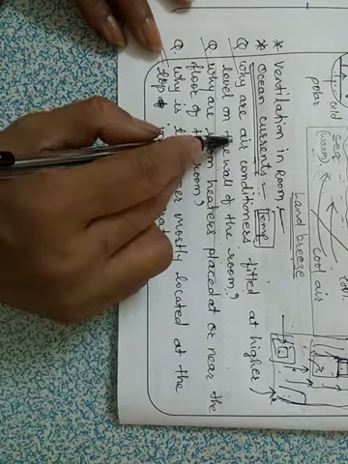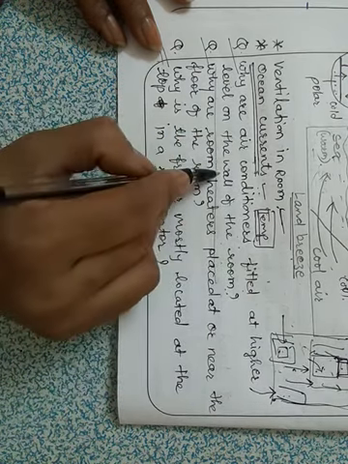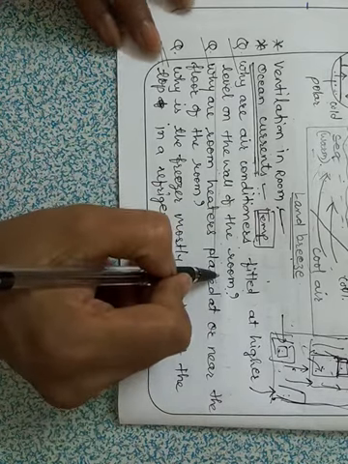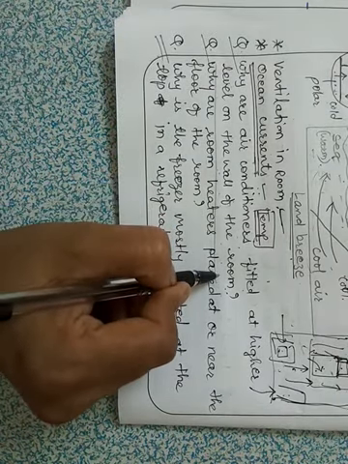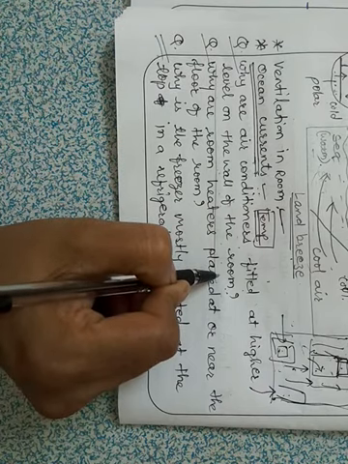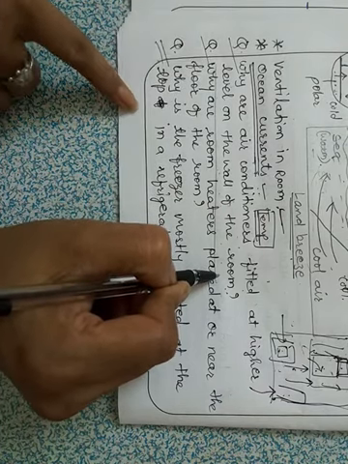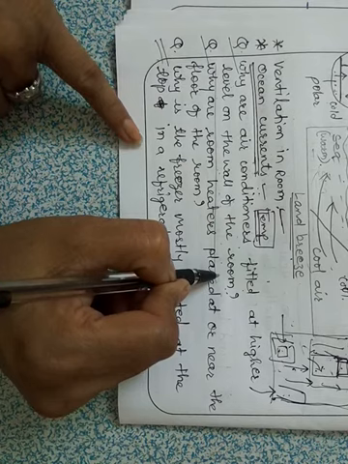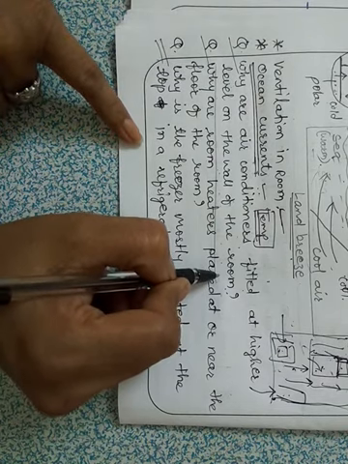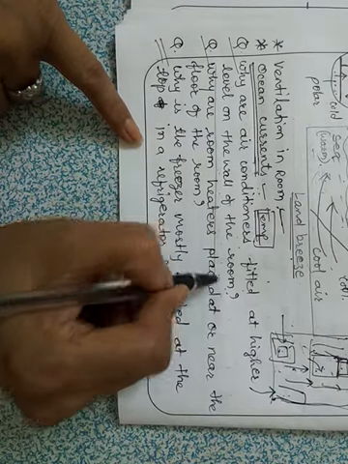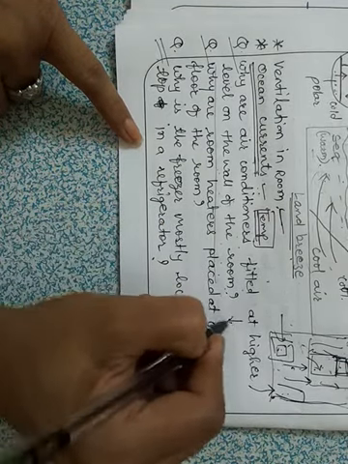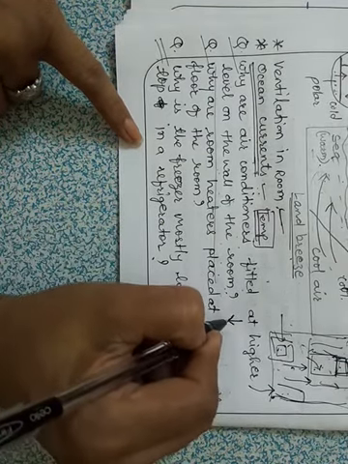Air conditioners are always fitted at a higher level on the wall of the room because cold air is heavier than warm air, which we have already discussed. The cold air from the air conditioner is heavier, so it moves downwards. Cool air always moves downwards, right?